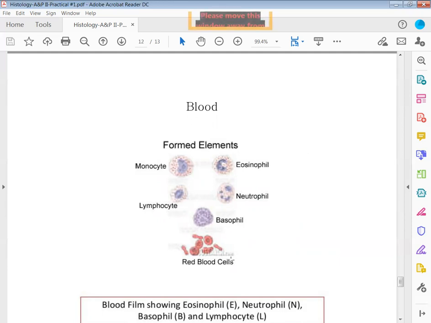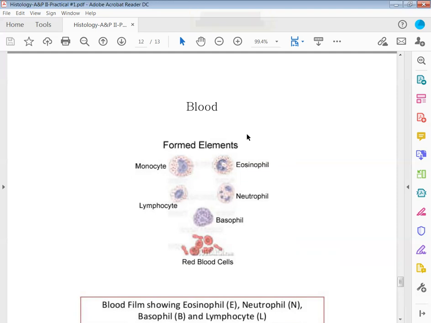So here are the red blood cells down here. They look like little hot pink to light pink donuts. And all of the white cells you will see have a purple nucleus of some sort. Okay, so again, in blood, you have the liquid plasma, and then you have the formed elements.